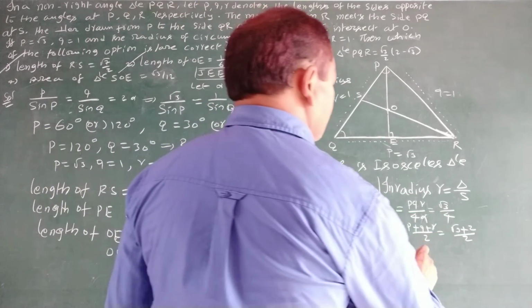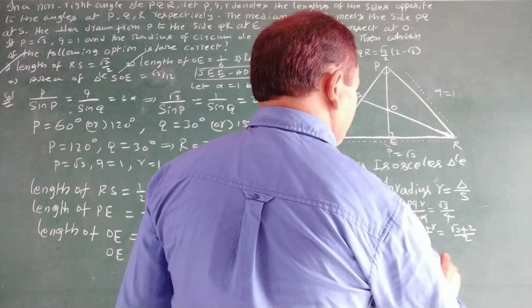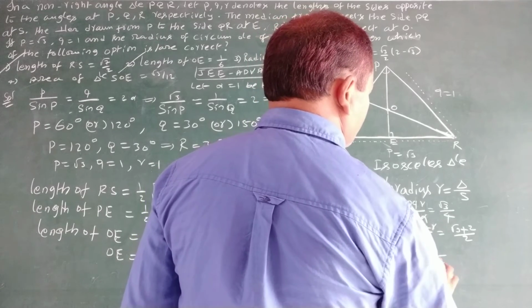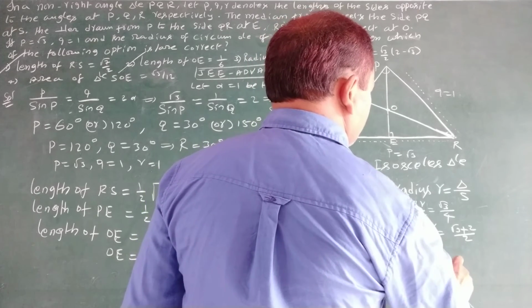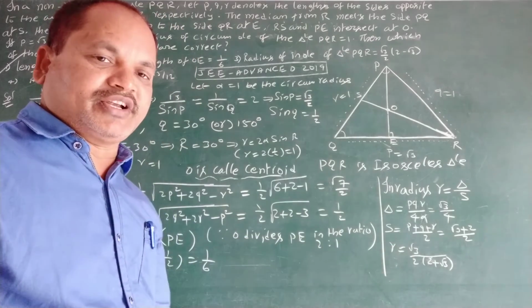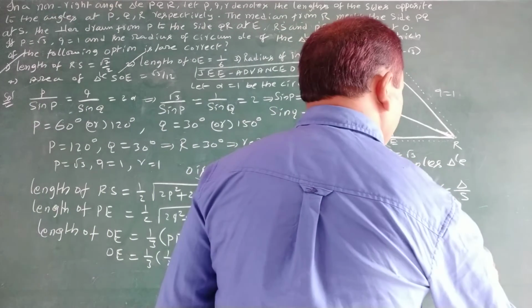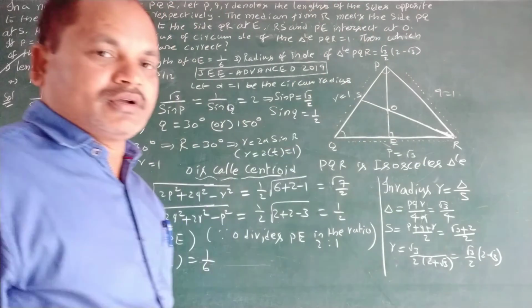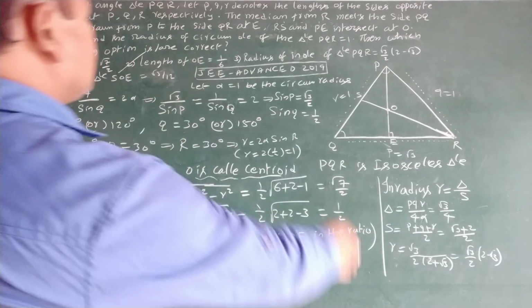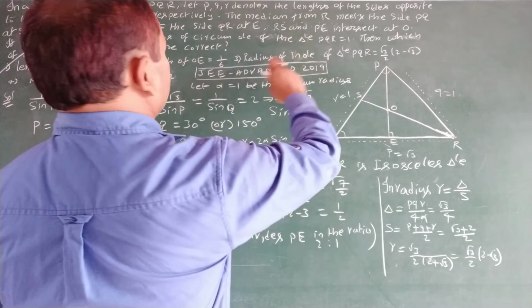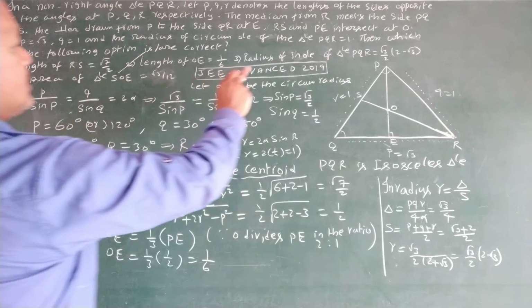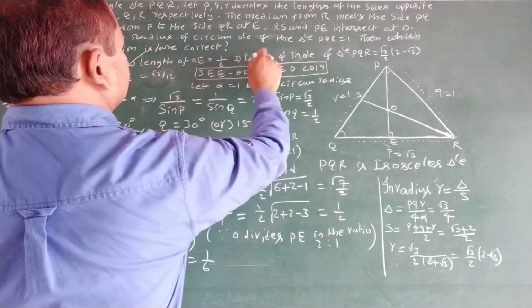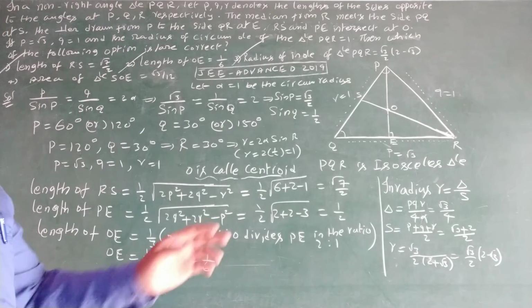The 2 times get cancelled, root 3 by 2 into 2 plus root 3. Now we have to rationalize the denominator, then it gives root 3 by 2 into 2 minus root 3. So the third option is also correct.